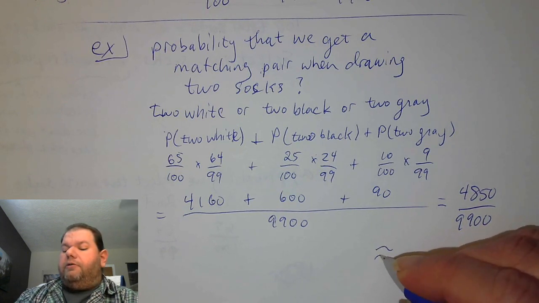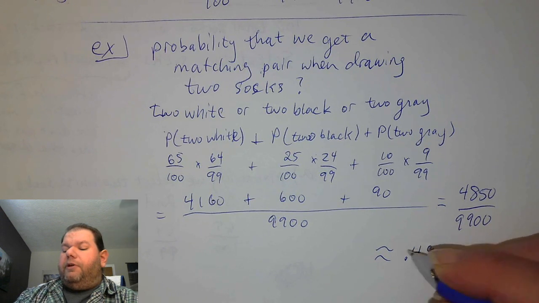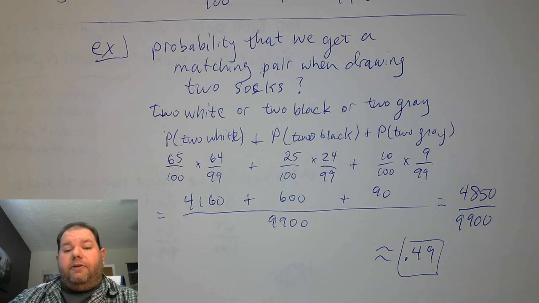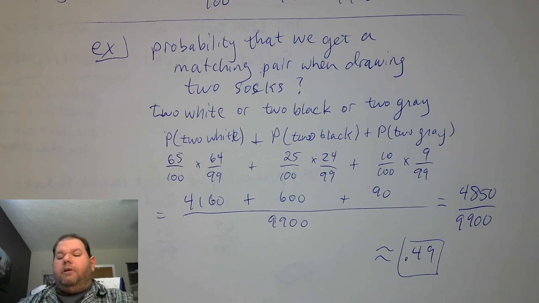So we have about a 49% chance overall of getting a matching pair just by picking 2 socks at random. Which is not bad. I guess if we pick socks from a drawer in the dark, that's not bad for that scenario.